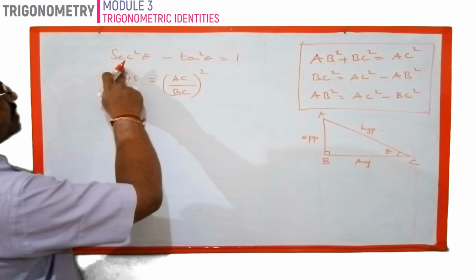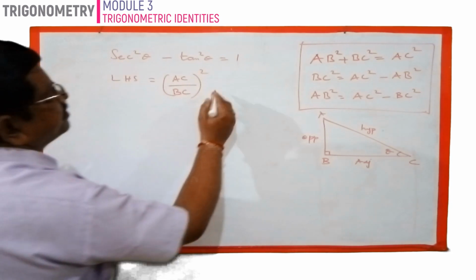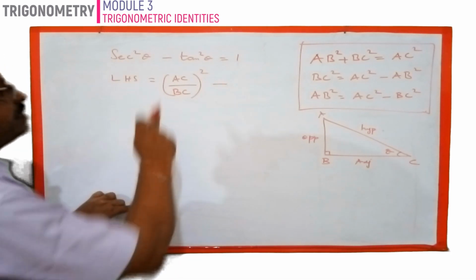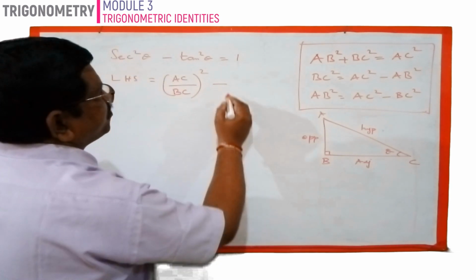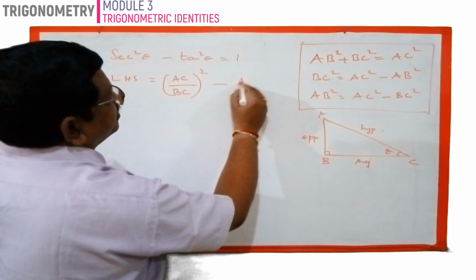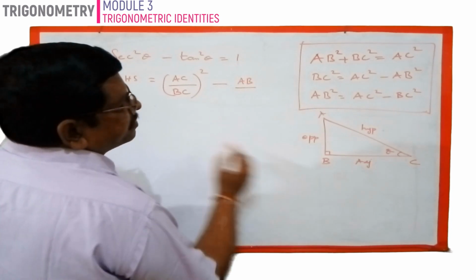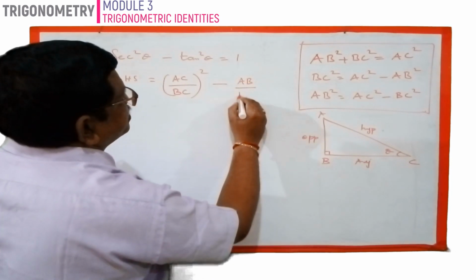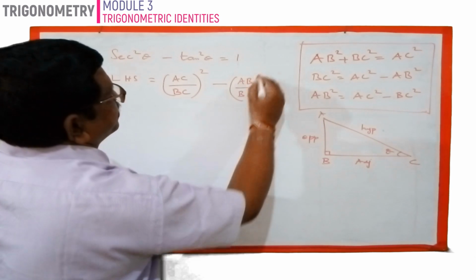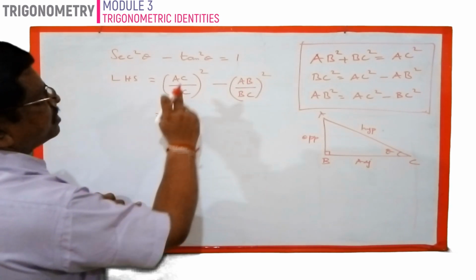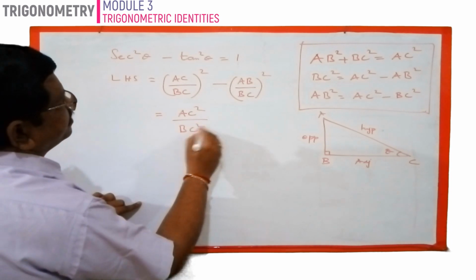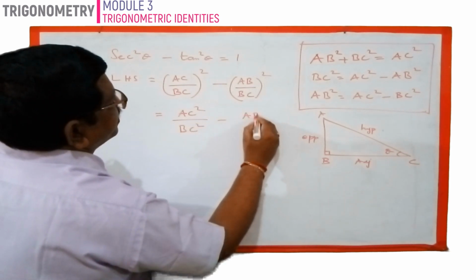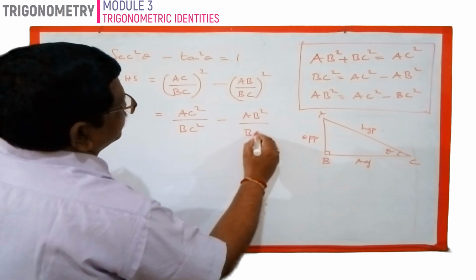So secant square theta is nothing but AC by BC whole square minus tan theta, which is nothing but opposite side by adjacent side. Here the opposite side is AB and the adjacent side is BC. So AB by BC whole square. Now when we are squaring them, we will get AC square by BC square minus AB square by BC square.